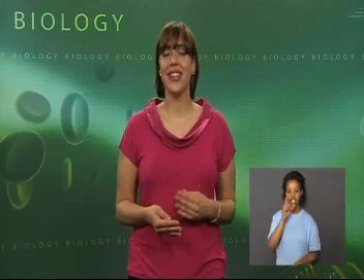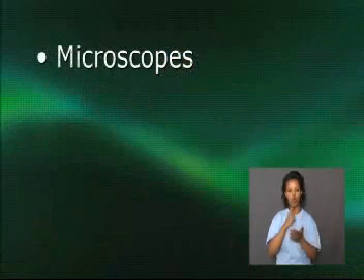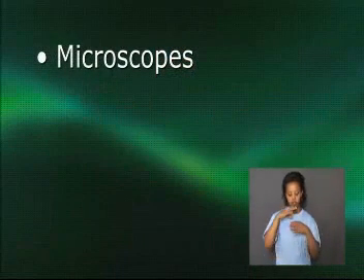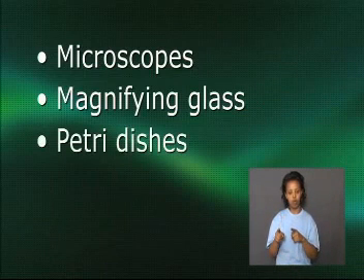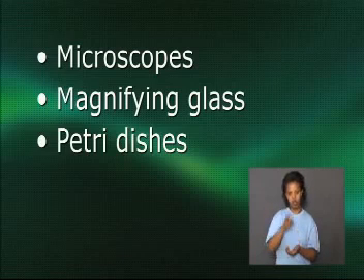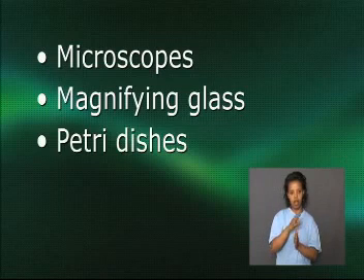Hello again, everyone. There are a few tools that we learned about today that can make observation easier. You may have listed a microscope or a magnifying glass, or perhaps you said Petri dishes because they allow biologists to view bacteria or other microorganisms.